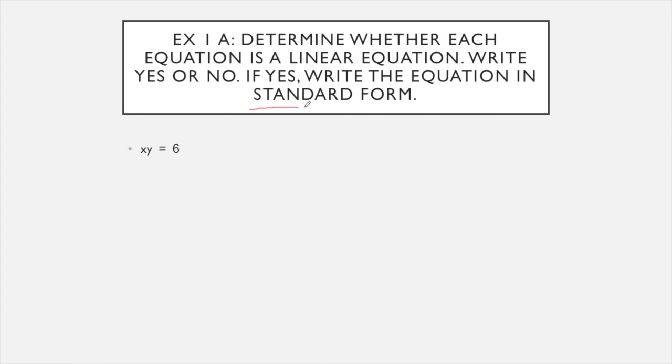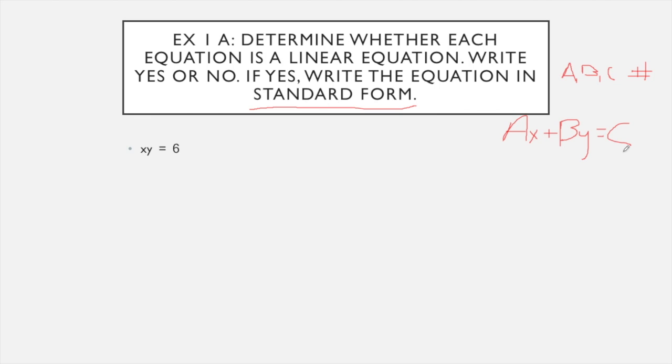So this standard form thing means it needs to be written in the form ax plus by equals c. In other words, what does that mean? A, B, and C are all just numbers, constants, some value. A, B, and C are just numbers.